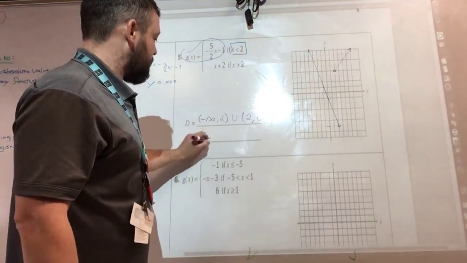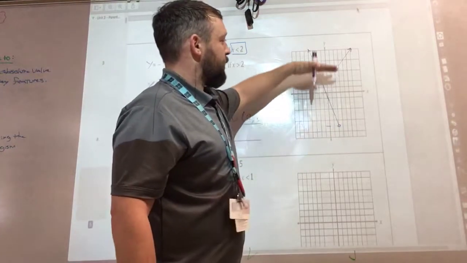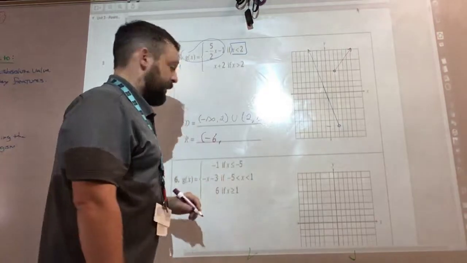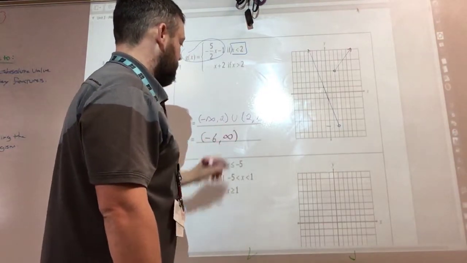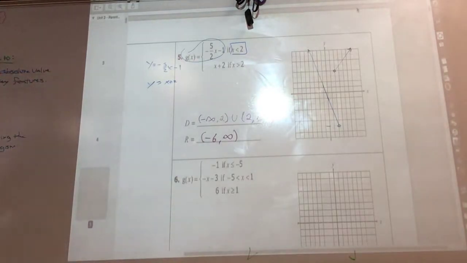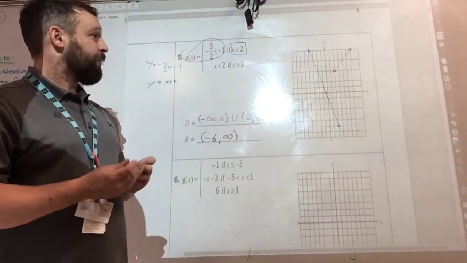So I'm going to say parenthesis, -6, comma, and keep going up to infinity. Okay, all right. So that's number 5.